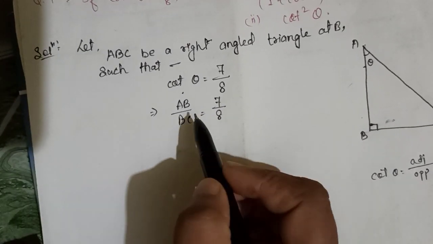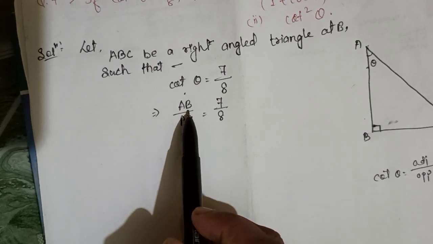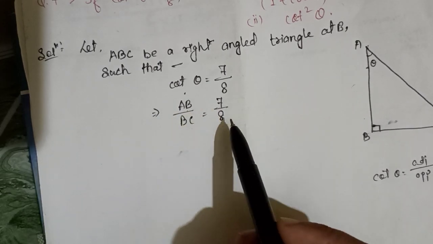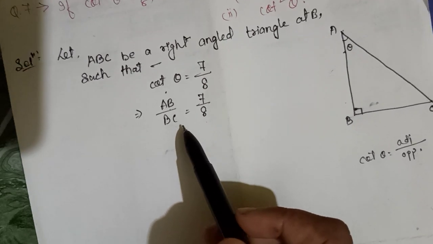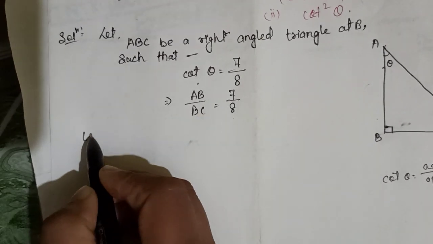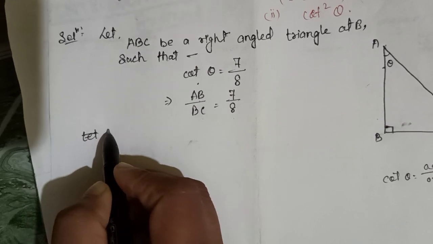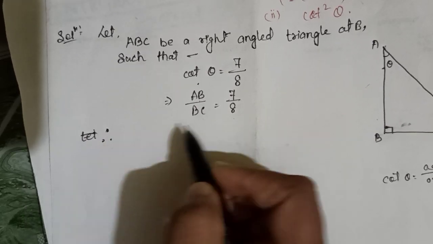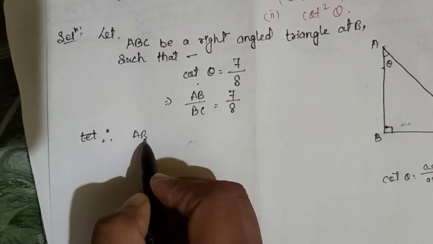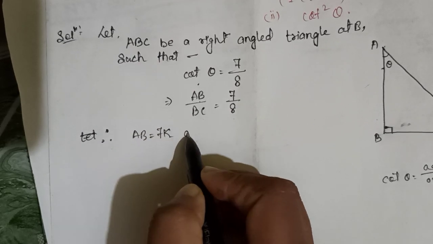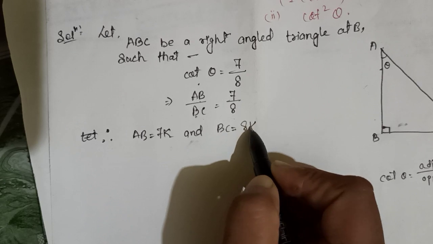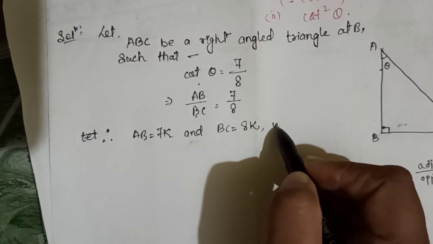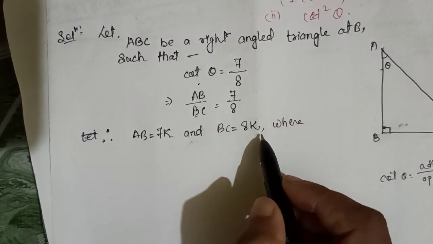So now see here, we can take from here that AB equals 7 and BC equals 8. But they are in ratio, so we have to take one constant term along with that. We will take K. Let AB equal 7K and BC equal 8K, where K should not be a negative integer.